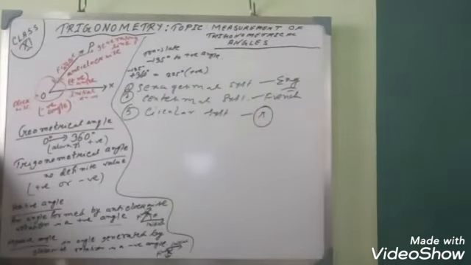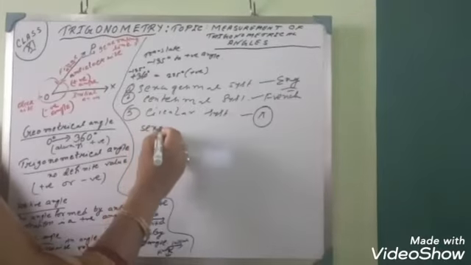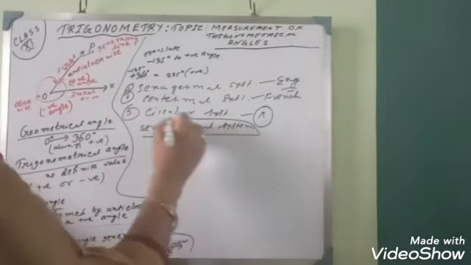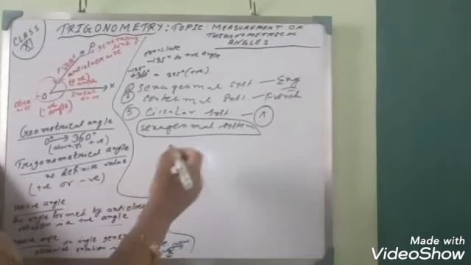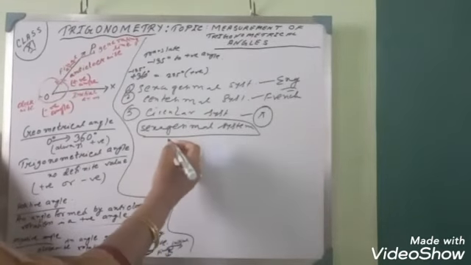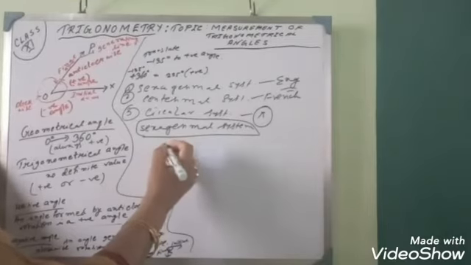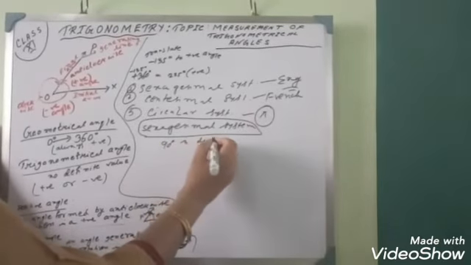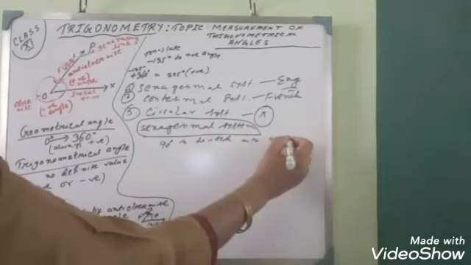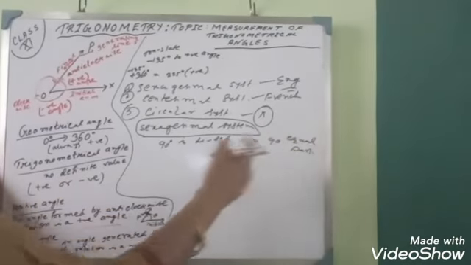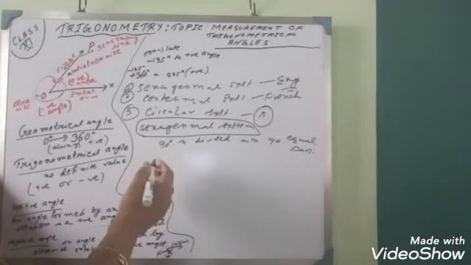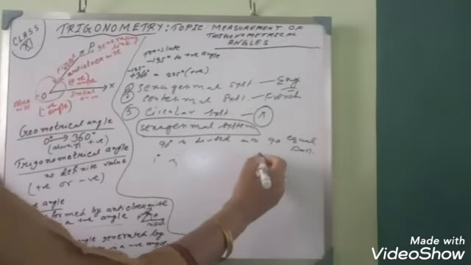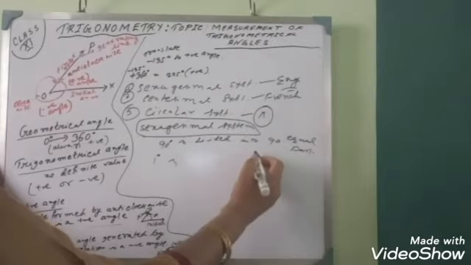Now, one right angle in the sexagesimal system is 90 degrees. In this system, one right angle is divided into 90 equal parts and each such part is called 1 degree.